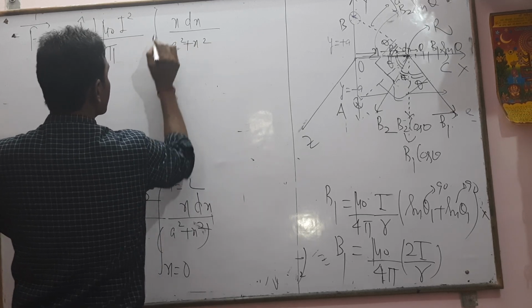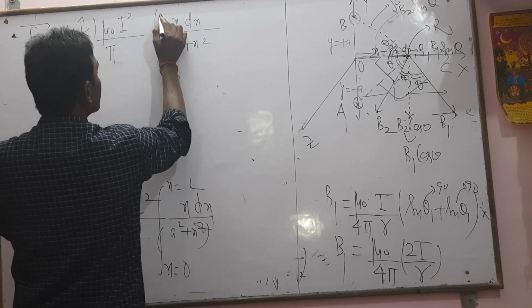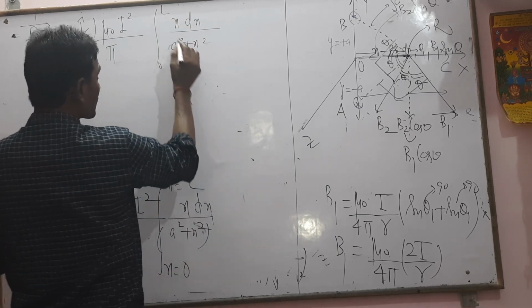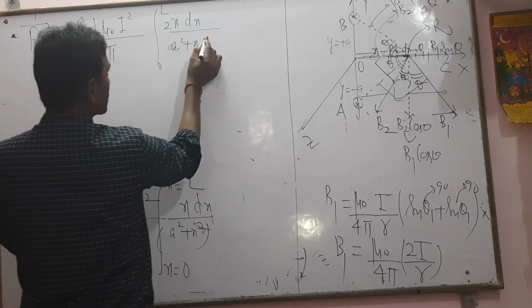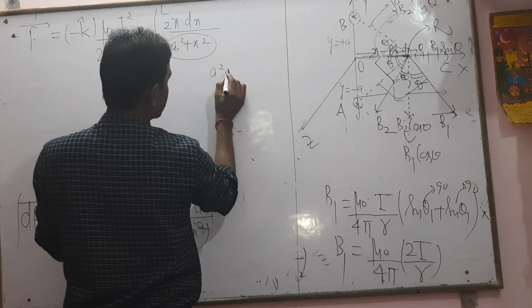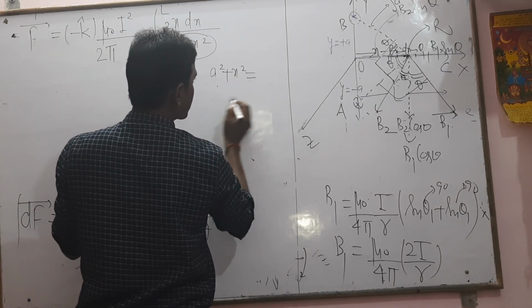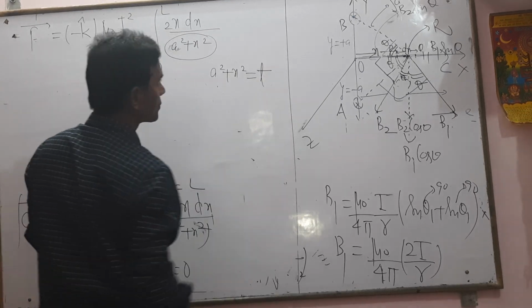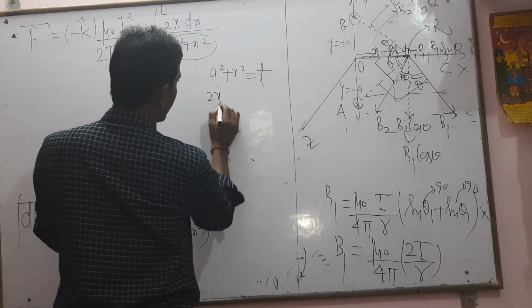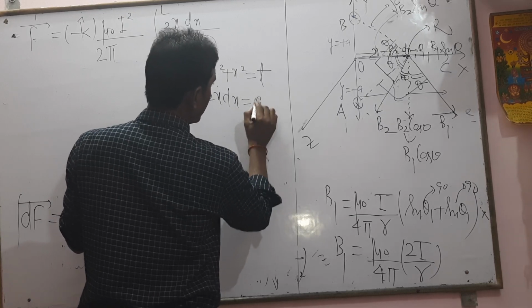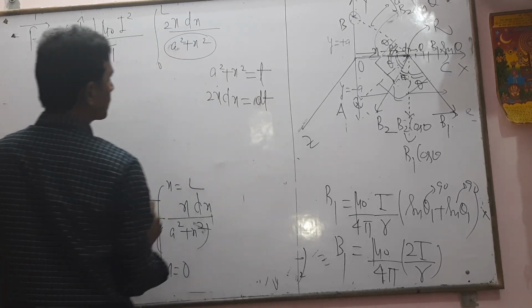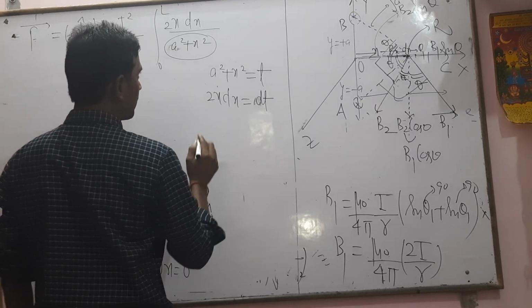This will be from 0 to L. Multiplying by 2 in numerator and denominator, and assuming a square plus x square equals t, integration by substitution. So 2x into dx equals dt. Also the lower limit and upper limit.